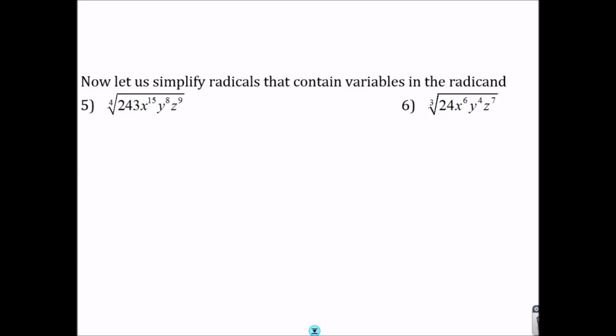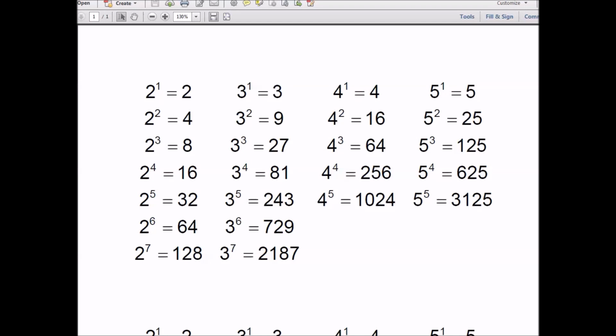So let's start with what we know, which is the numbers. So I'm going to look and see if there's a perfect fourth power that goes into 243. So looking back at the power sheet, I need a factor of 243 that is in the fourth power row.